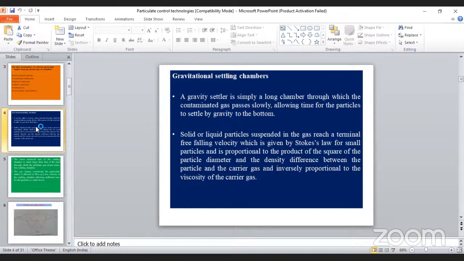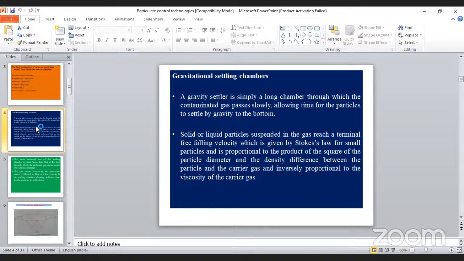Whatever the particles are there, due to the density difference and also the gravity pulling, it will be settled down at the bottom of the chamber. Then you can collect it. Once you stop the flow of stream, you can discard the particulate matter, which may contain dust particles, grit particles, even unwanted liquid droplets, solid droplets, along with soot particles. Everything will be settled down like this.